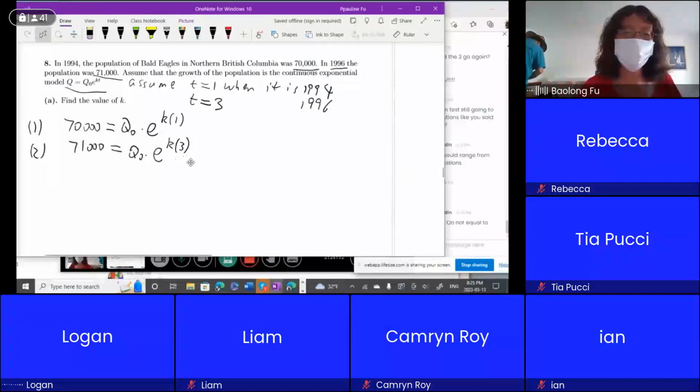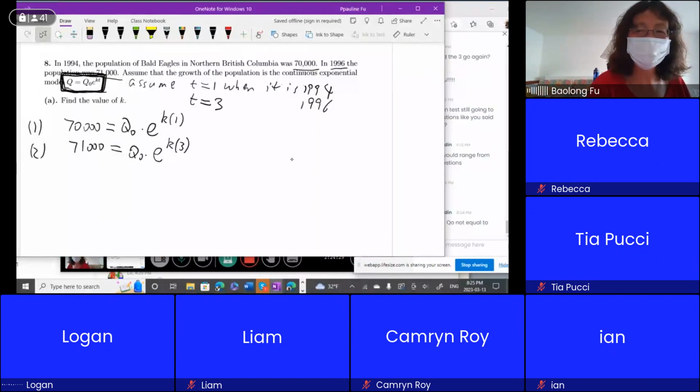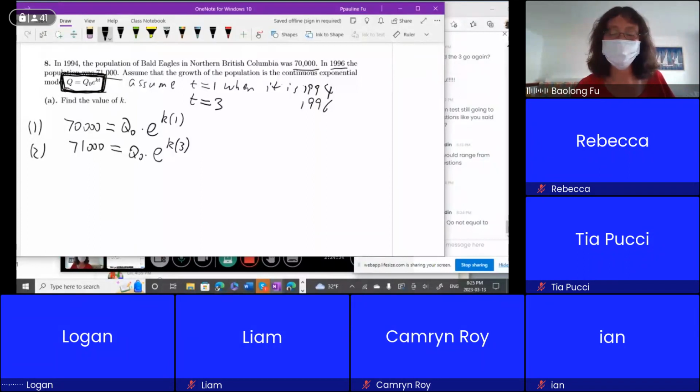Because Q0 is the constant. We do not know it. It is said 70,000 is in year 1994, and the population for year 1994 is based on this formula. So we have to straight plug in the formula.